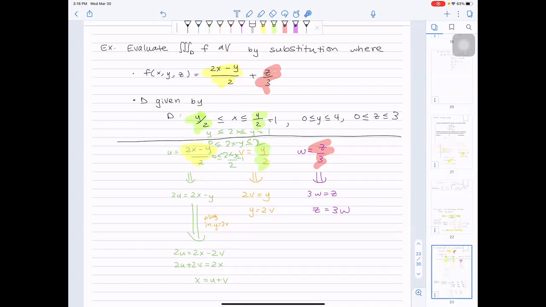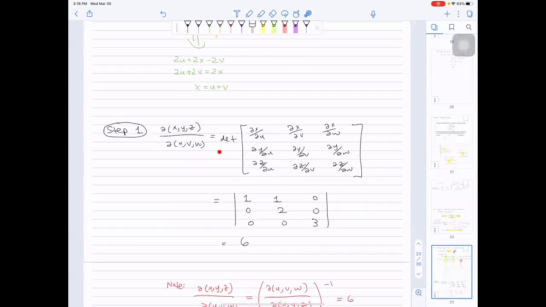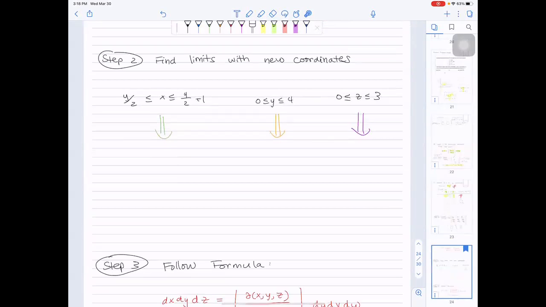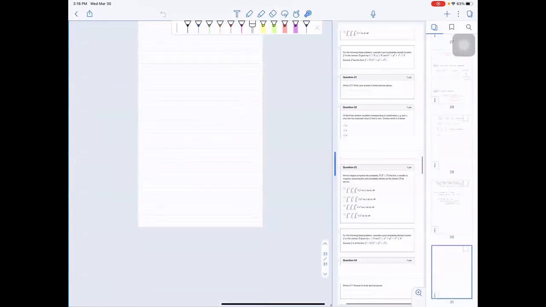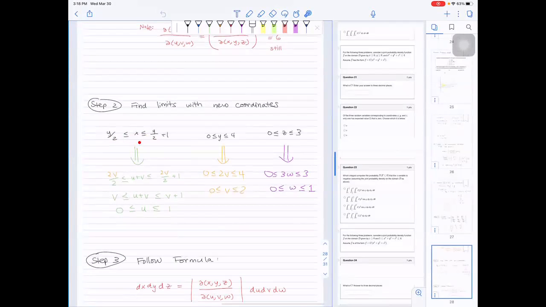And then you have u, v, and w, and then what do you do? Okay, so then we want to find the Jacobian matrix determinant. I calculate that as 6. And then you would also have to find the new coordinates, the new bounds or limits. We plug in what x is and what y is, so that our bounds are now u from 2 numbers, v from 2 numbers, w from 2 numbers.